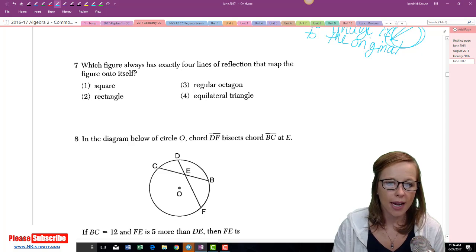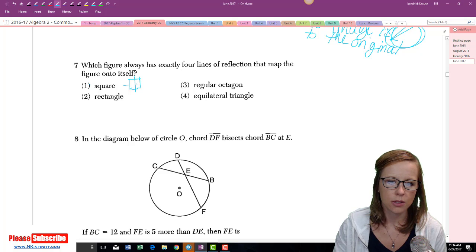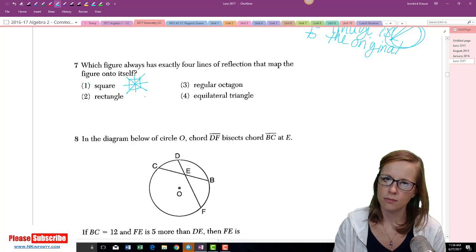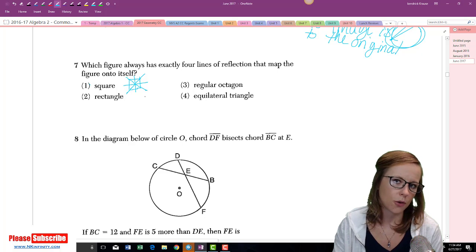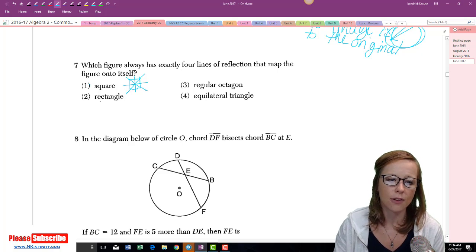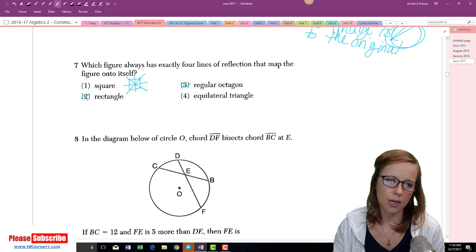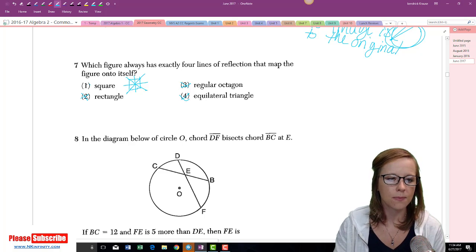And a square is regular, and it has 4 lines of symmetry. 1, 2, 3, 4. 4 lines of symmetry, so four lines of reflection that map it onto itself. It's not true with a rectangle. With a regular octagon, you would have more than 4, so it's not that one. An equilateral triangle, you would only have 3, so it's not that one. It has to be the square.